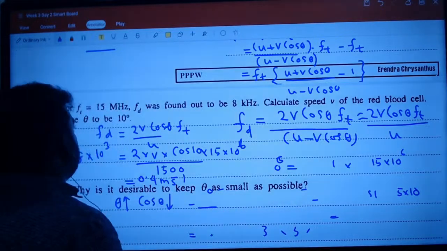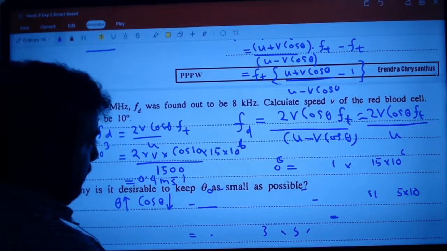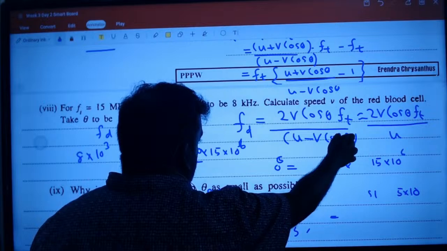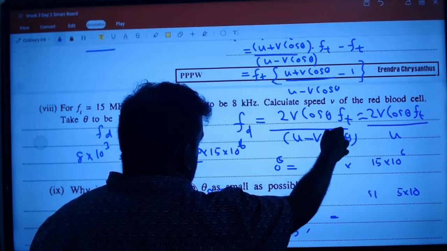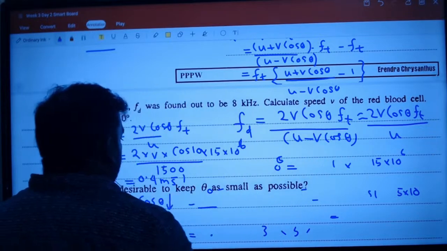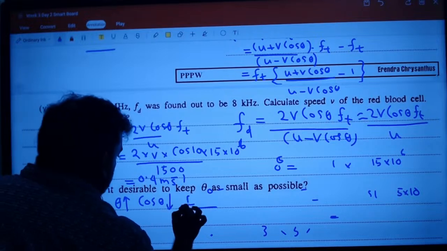The difference is going to be large. FD will be small.